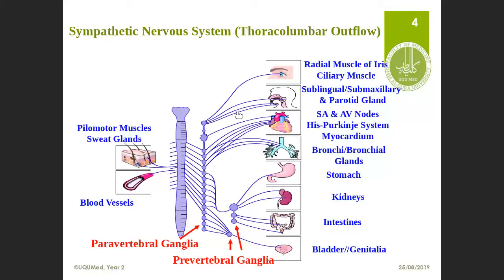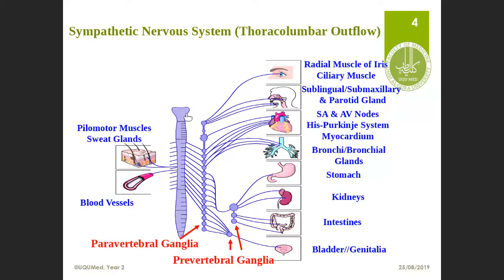You can say that specifically in the sympathetic nervous system, we have the thoracolumbar distribution of the nerves from the spinal cord as well as from the central nervous system.